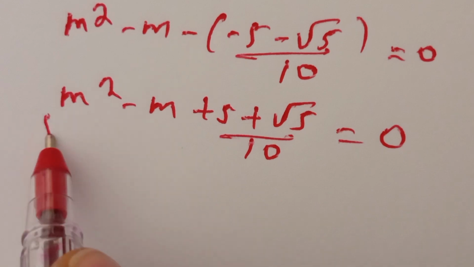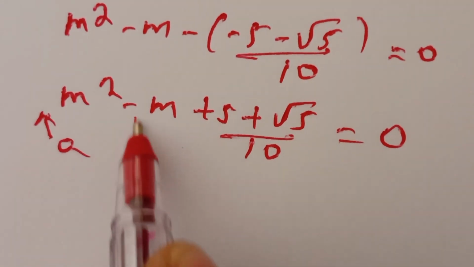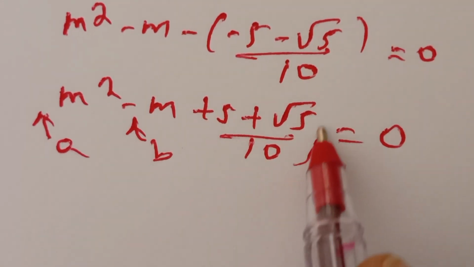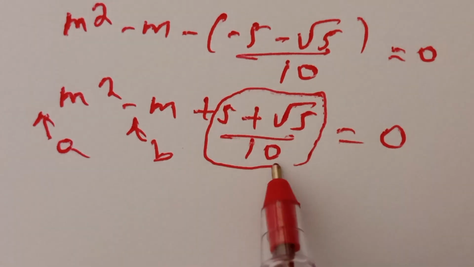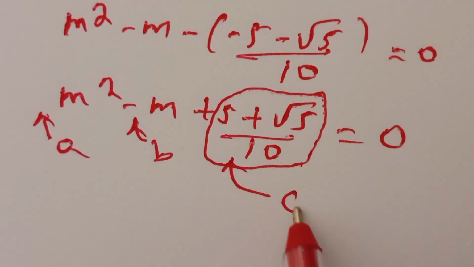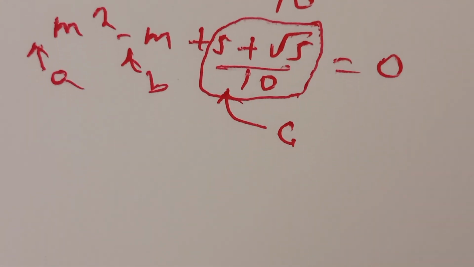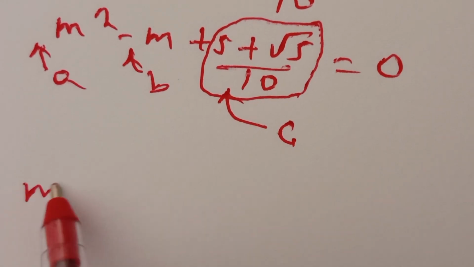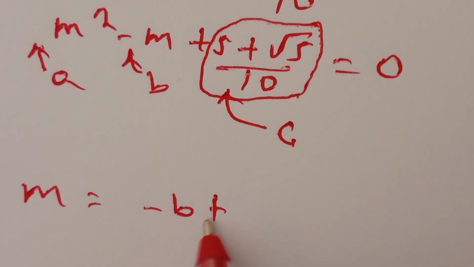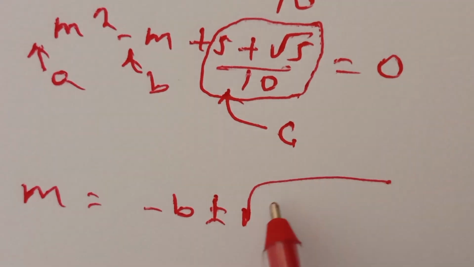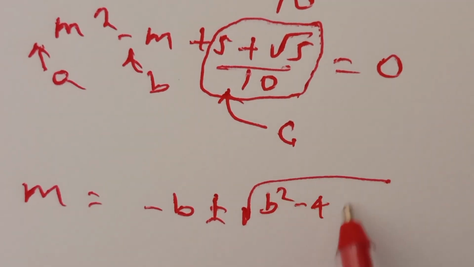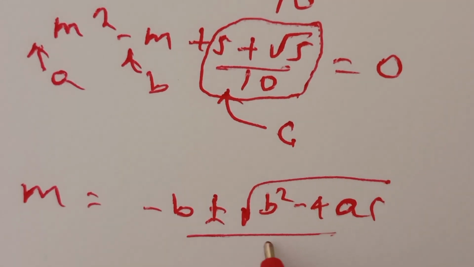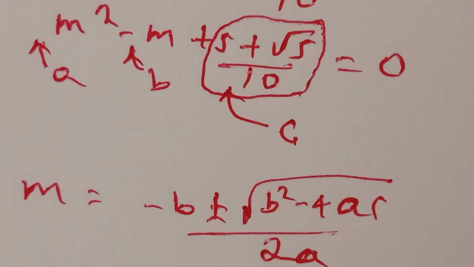So this is A, this is B, and here is C. To use the quadratic formula, m is equal to minus b plus or minus the radical of b squared minus 4ac, over 2a.